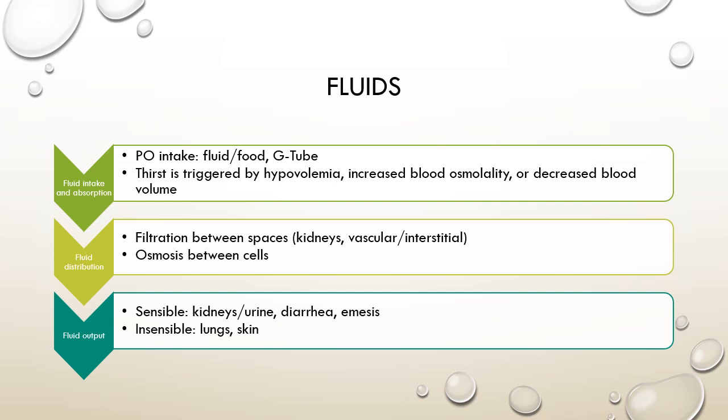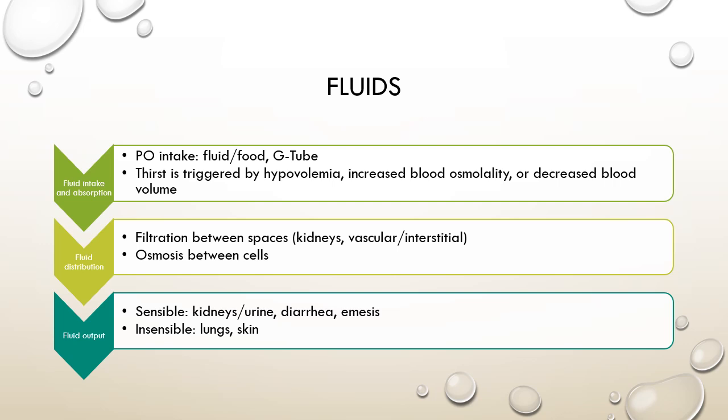Either dehydration or hypovolemia or hypotension will trigger the receptors in your blood vessels to say, hey, you need to drink some more. Fluid distribution is mediated by filtration and osmosis, so the movement between spaces like the kidneys or the capillaries, and osmosis, or the movement between cells.